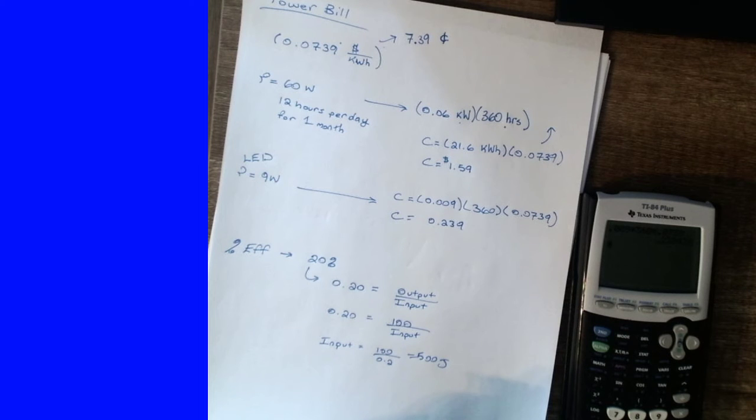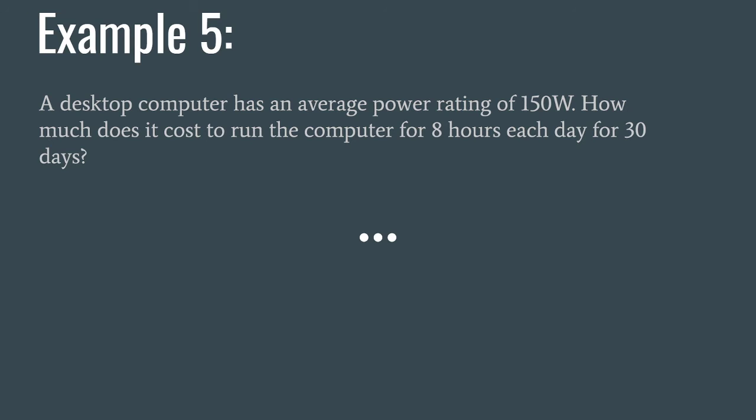So let's take a look at a couple more examples for power bill, and then that will be all. A desktop computer has an average power rating of 150 watts. How much does it cost to run the computer for 8 hours each day for roughly 30 days? So our power is 150 watts, and I'm running it for 8 hours a day for 30 days.